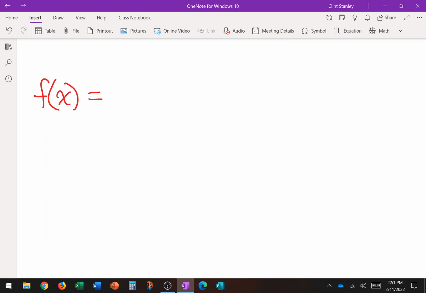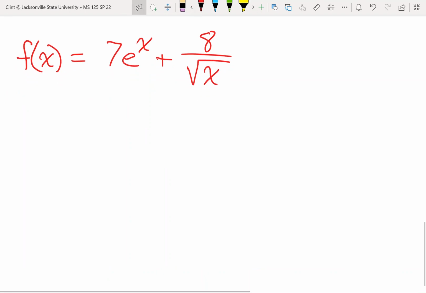Look at this function. There's some nightmare.